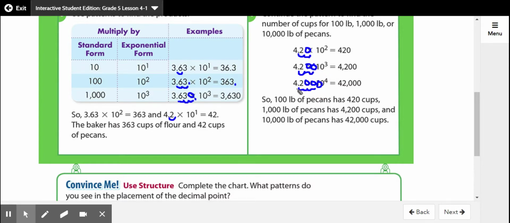And if you think about it, 4 times 10,000 is 40,000. So 4.2 times 10,000 is 42,000. So 100 pounds of pecans have 420 cups, 1,000 pounds of pecans has 4,200 cups, and 10,000 pounds of pecans has 42,000 cups.